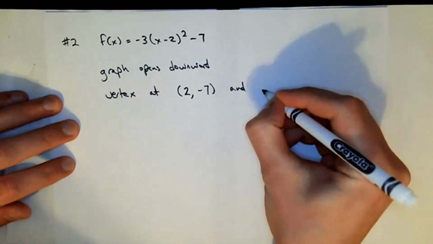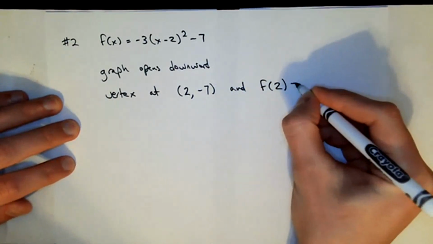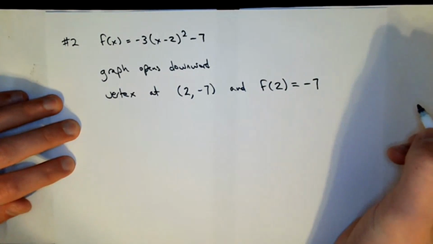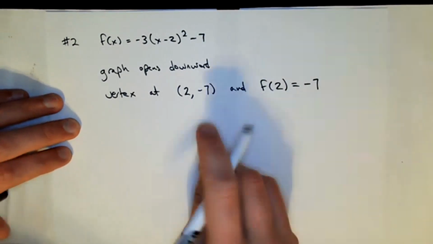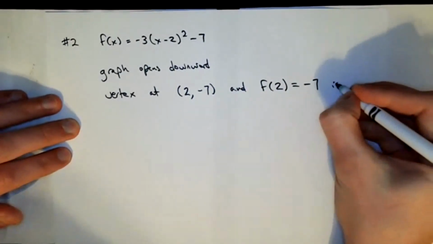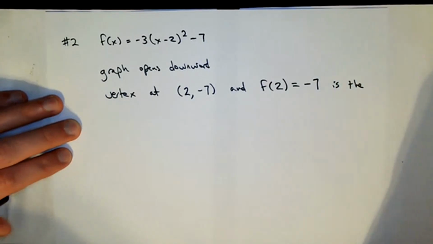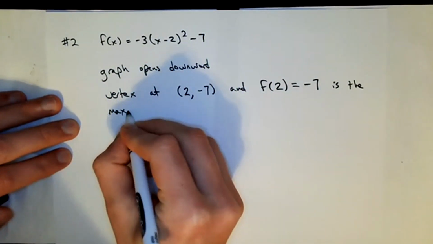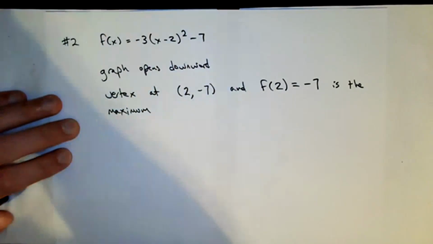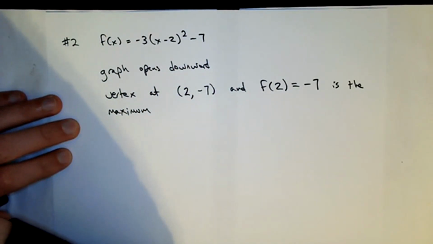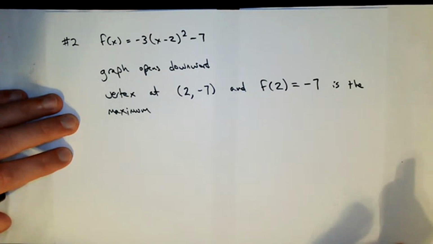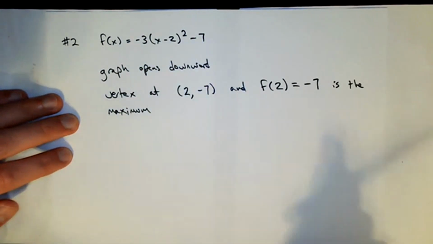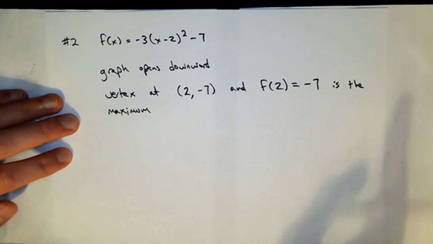And this means f(2) = -7, right? That's just another way of describing this point, like I said before. Is it a maximum or minimum? If the graph opens downward, then that vertex is a maximum. Good. So this is pretty much the same as number 1, except just with some numbers plugged in instead of just generic a, h, and k.